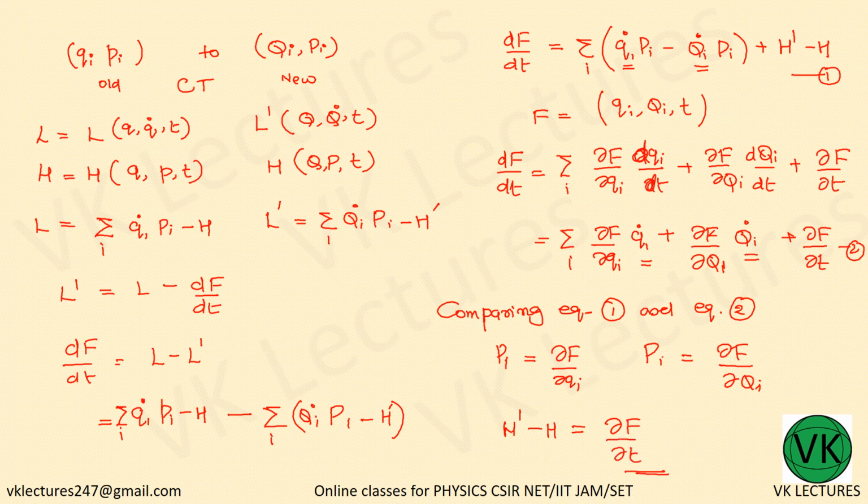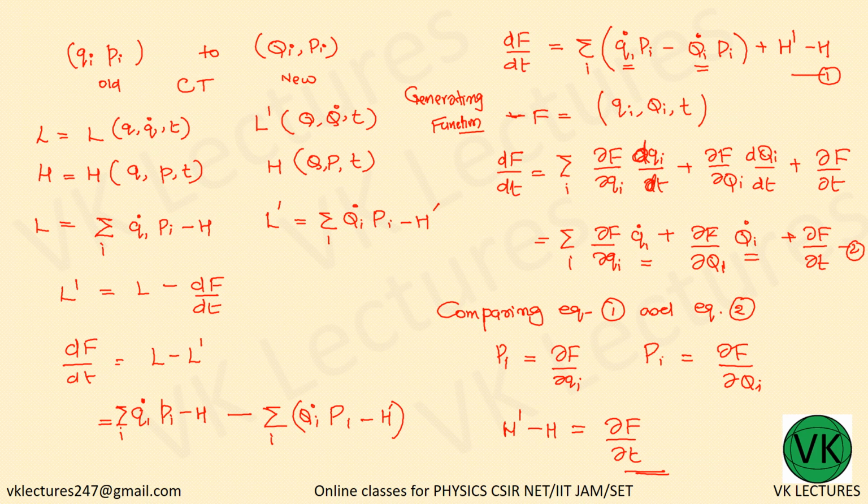So this f is nothing but the generating function. When the total time derivative of the generating function is added to the Lagrangian, the Lagrangian may change, but the Lagrangian equation of motion remains the same, which means the Lagrangian is invariant.